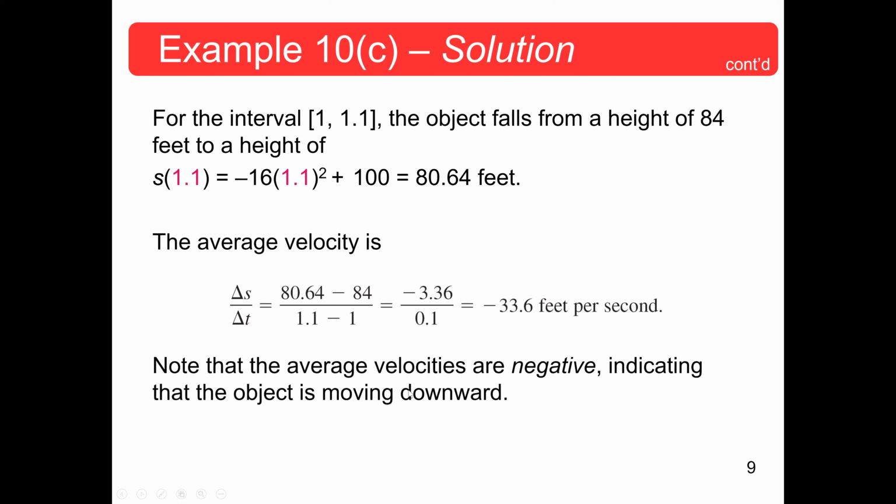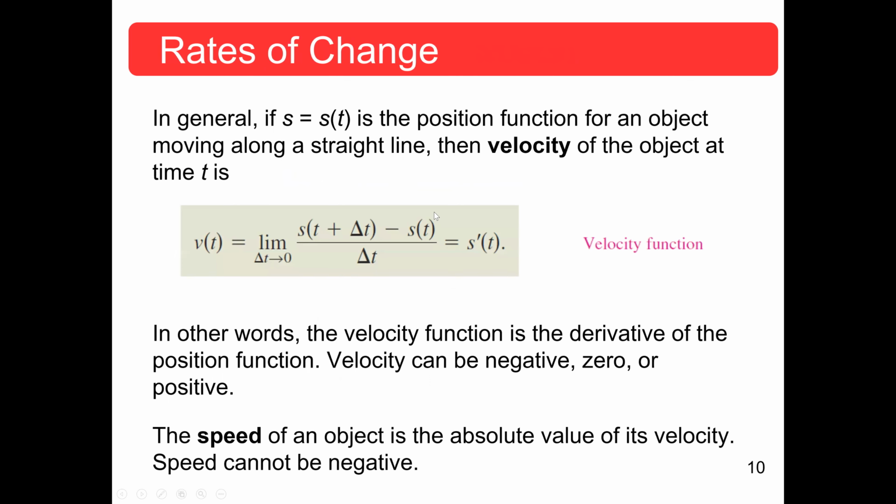Now we should know that the average velocities are negative, indicating that the object is moving downward. The question said the object falls from the height, so it's moving downward. That's why it's negative.